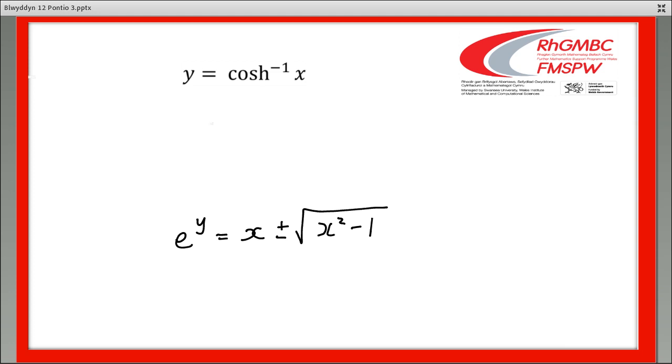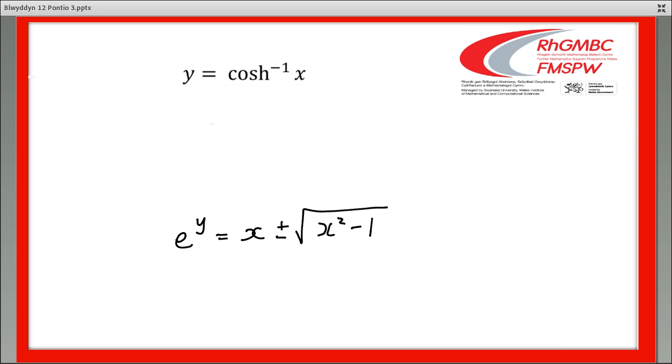That y is log of x plus or minus the square root of x squared minus 1. It has both parts. So that's where we're coming from there.